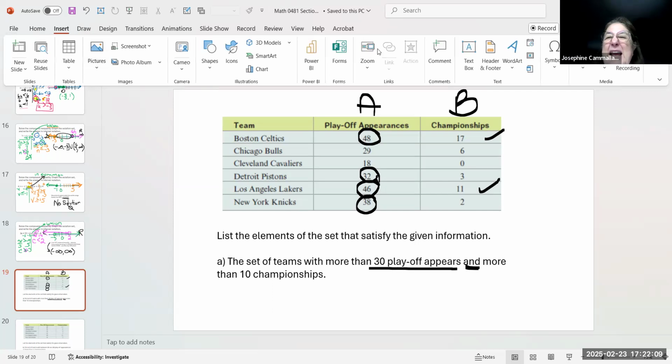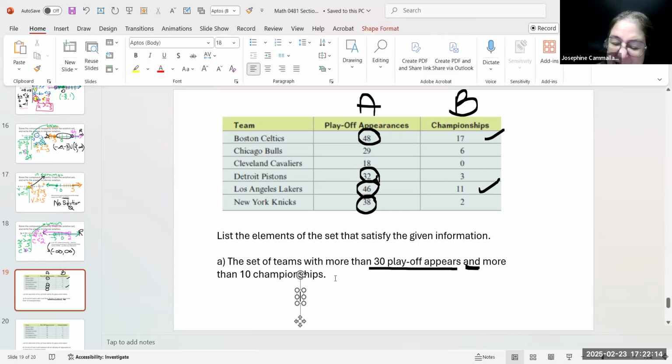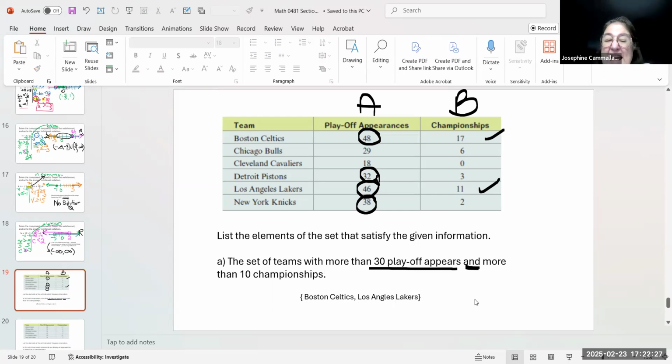Well, that means that this is going to give us the Boston Celtics, comma, Los Angeles Lakers. That is our answer. What circles have checks?